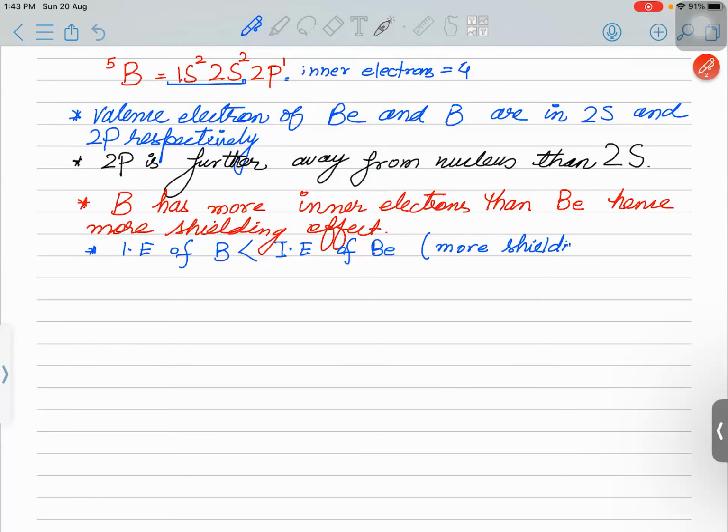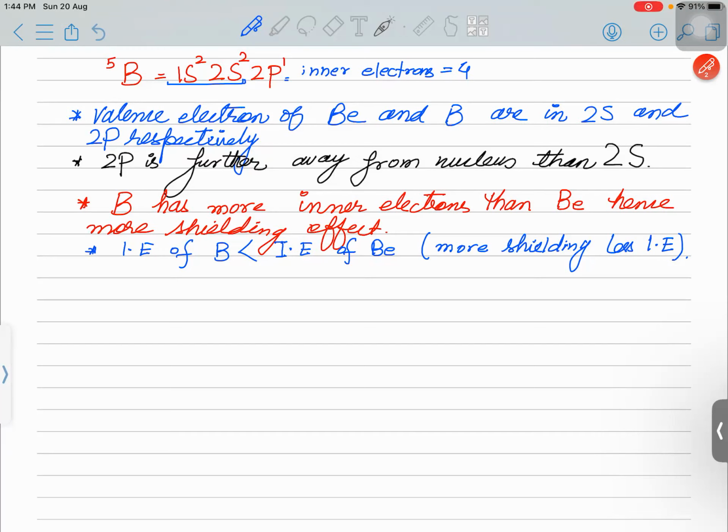More shielding, more ionization energy. Am I right? No, no. So more shielding, less ionization energy. Yes, less ionization energy.